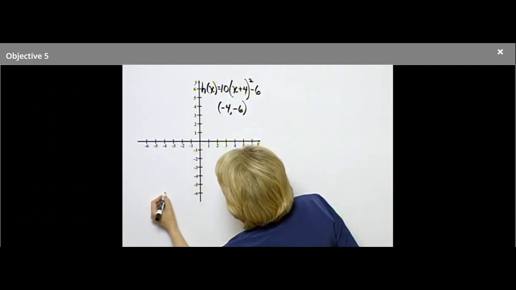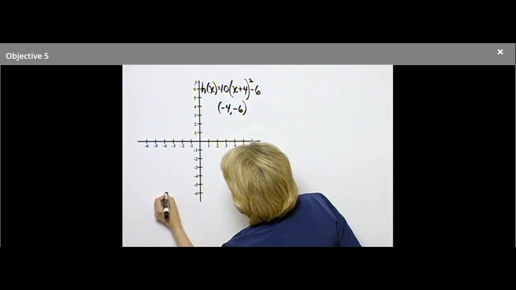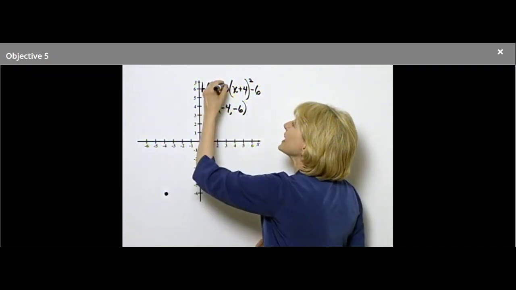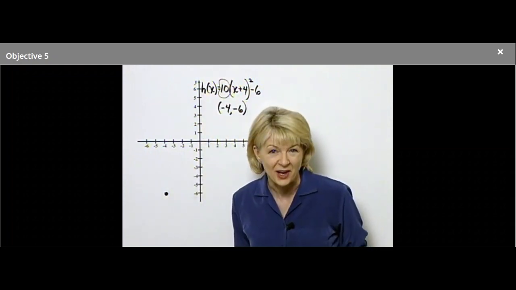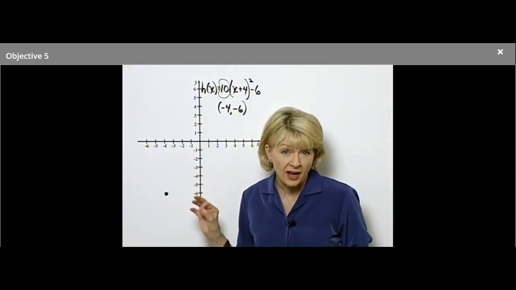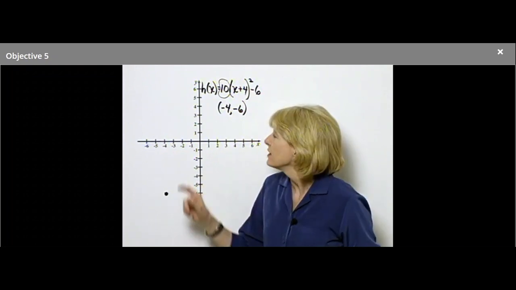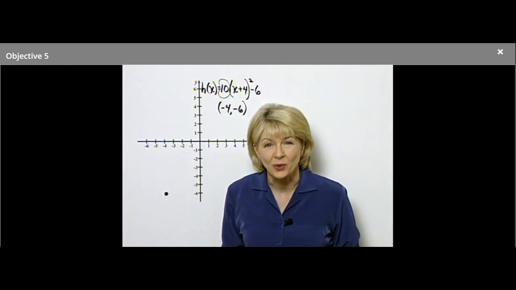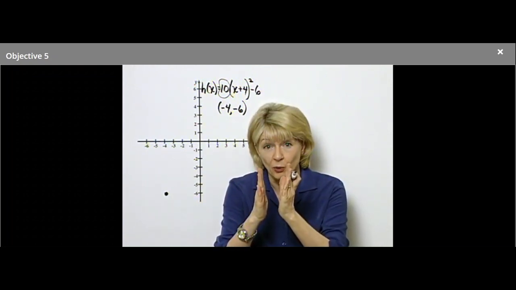So now let's sketch the vertex, -4, -6. Looks right there. Now look at a and tell me if this parabola opens upward or downward. Because a is positive, it opens upward. What else do we know? The absolute value of a is greater than 1, so the appearance is narrower.